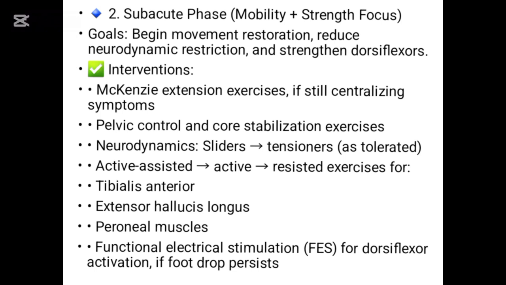We will add McKenzie extension exercises, pelvic control and core stabilization exercises, and neurodynamics, which includes sliders and tensors. We move on to active assisted, active and then resisted exercises, starting with isometrics, which promote recovery as soon as possible, focusing on the tibialis anterior, extensor hallucis longus, and peroneal muscles.